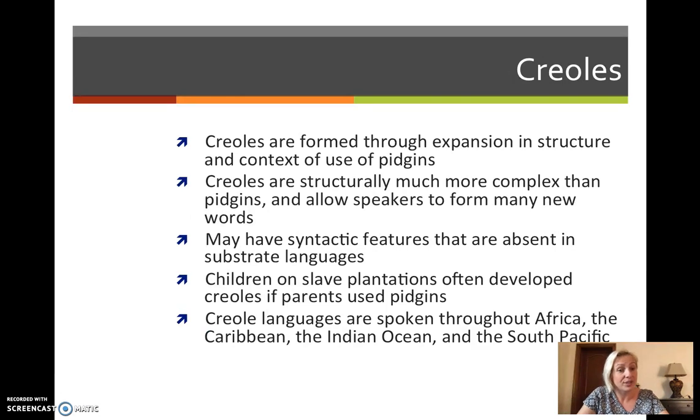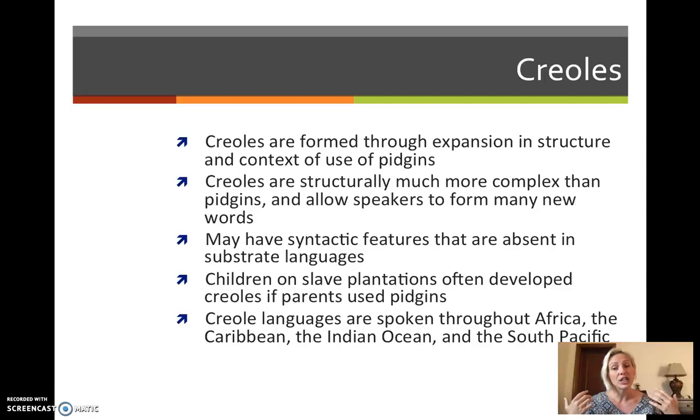Now, creoles develop after some time that the pidgin is being used. So if a pidgin is used more and more consistently, that means there is a context where people need to use it more and more. And that means that it becomes more and more complex. New words are developed. Grammar is developed.